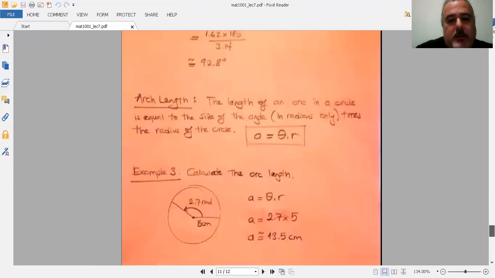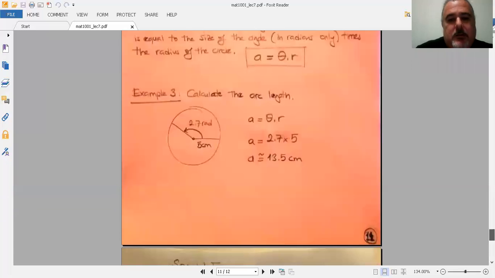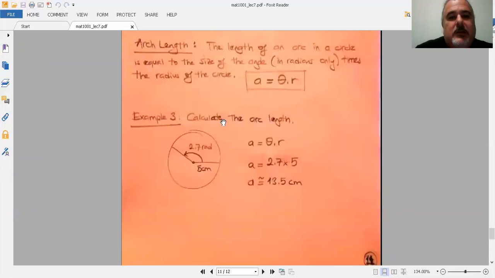Okay, here it is asking to calculate the arc length. So I know that the angle is 2.7 radian and the radius is 5 centimeters. If you remember in the beginning, if this is r, this is r, and this one is r, this is 1 radian. But this is not like that here.